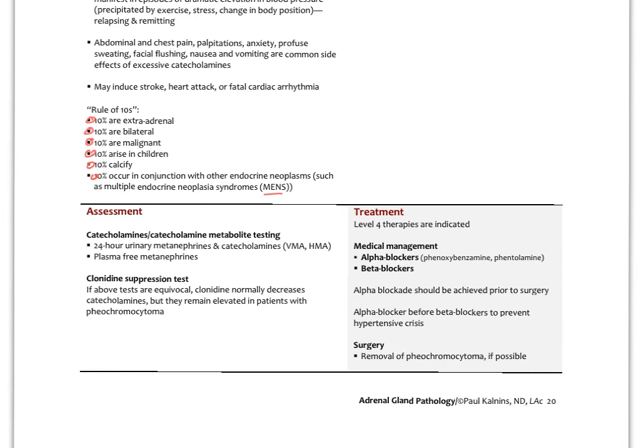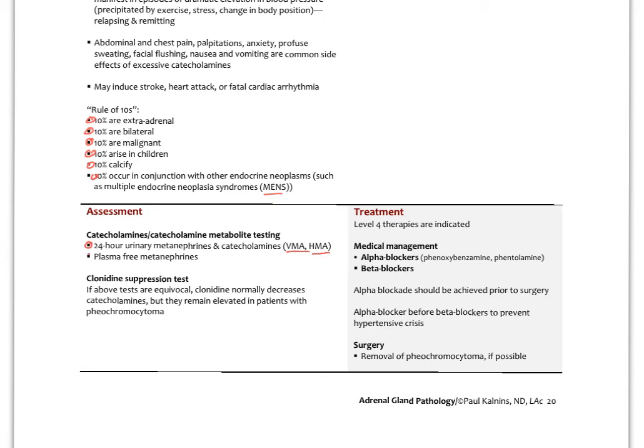The primary assessment is to do 24-hour urine metanephrine and catecholamine testing. So VMA and HMA are the breakdown products of norepinephrine and epinephrine, and dopamine as well. So one is to look at 24-hour urine metabolites.